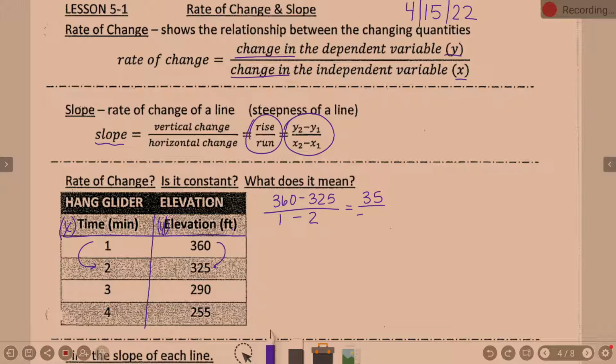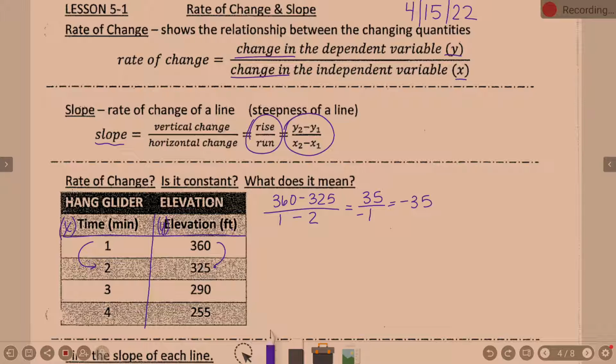Negative 1. And what is 35 divided by negative 1? Negative 35. Now we're asking rate of change. This is the rate of change from time 1 to time 2, from 1 minute to 2 minutes.